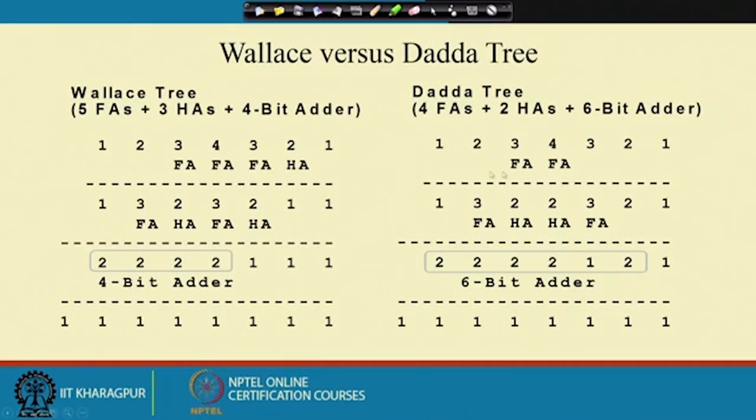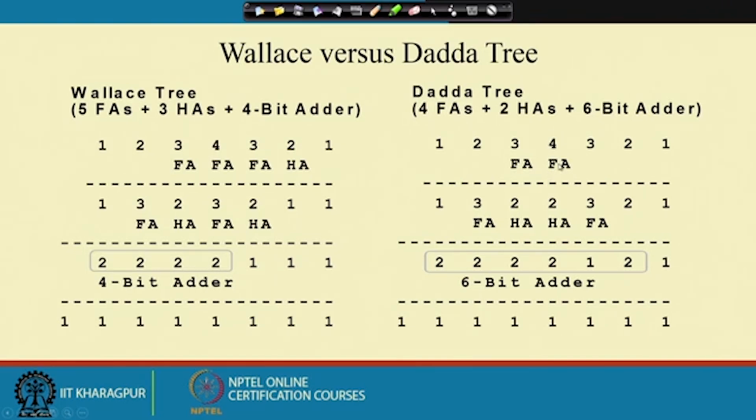What happens in the Dadda tree method? Okay. So, the same numbers I will get, but here you see I am choosing at the middle where I am getting this 4 and 3. I have started from the position where the numbers are maximum.